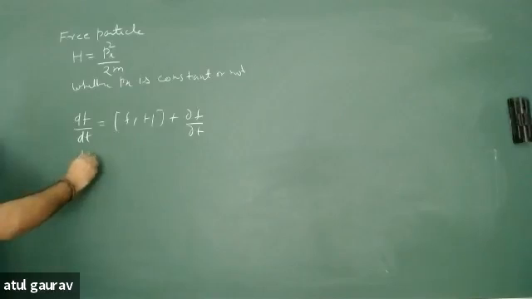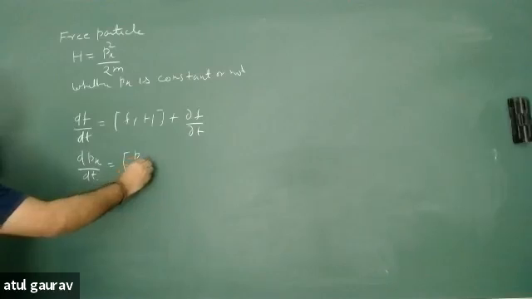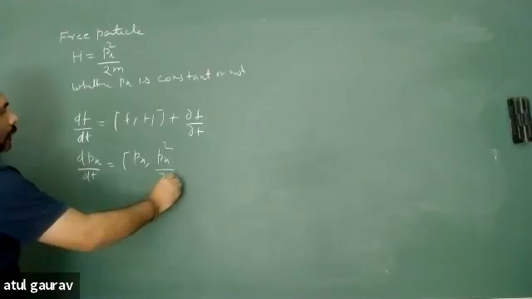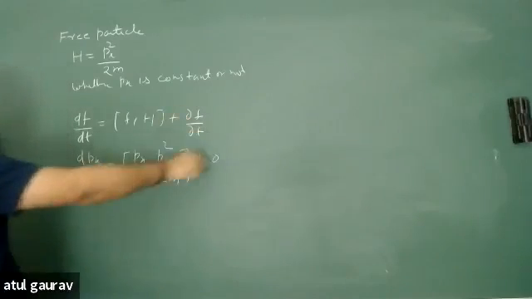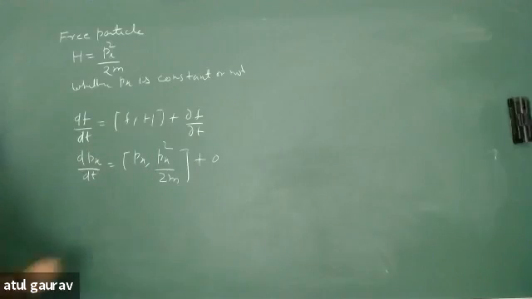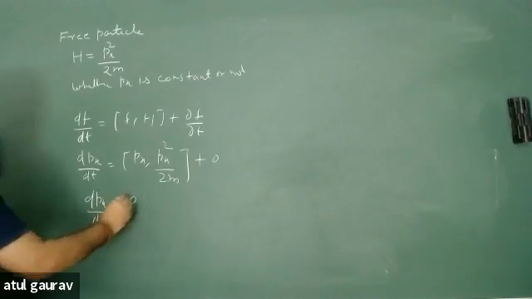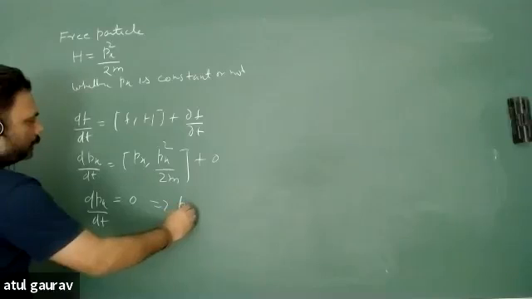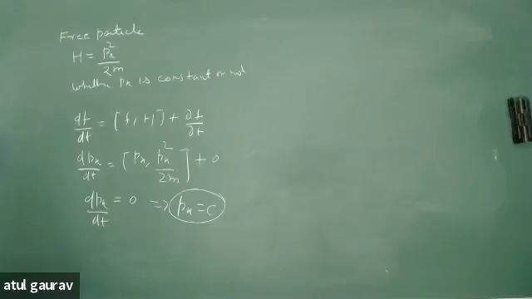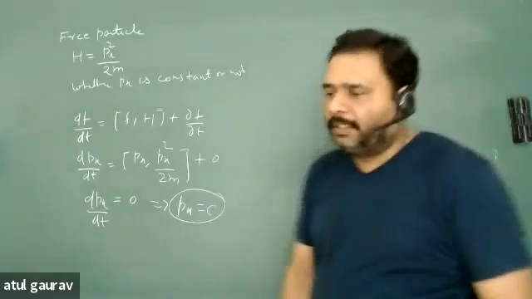So we can write dpx upon dt is equal to [px, px square upon 2m], and this is not an explicit function of time, but px and px square are going to commute. So dpx upon dt is equal to 0, which implies px is constant. Yes, we know this kind of situation, that px is constant.